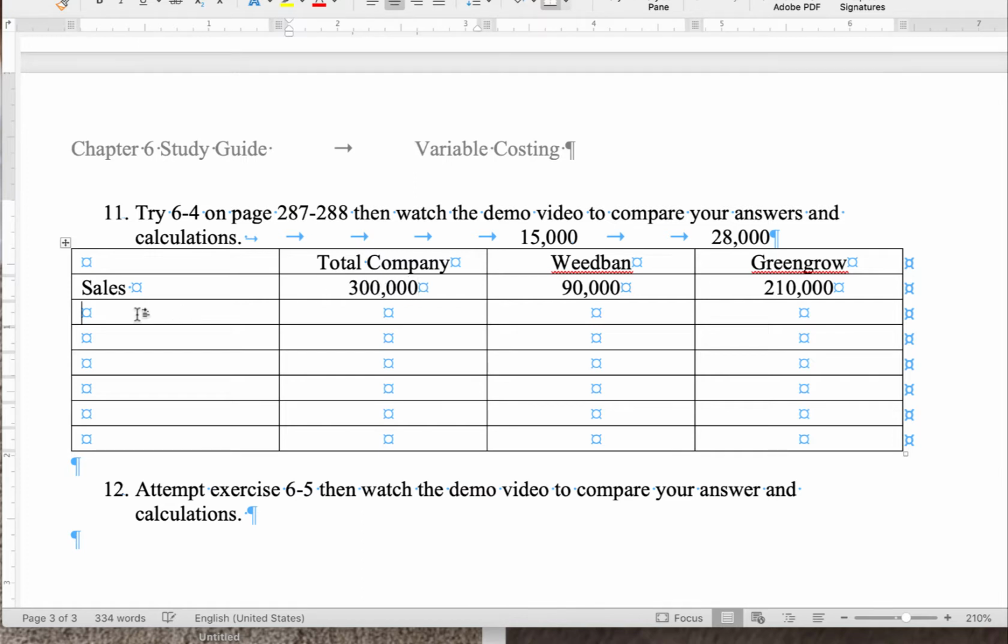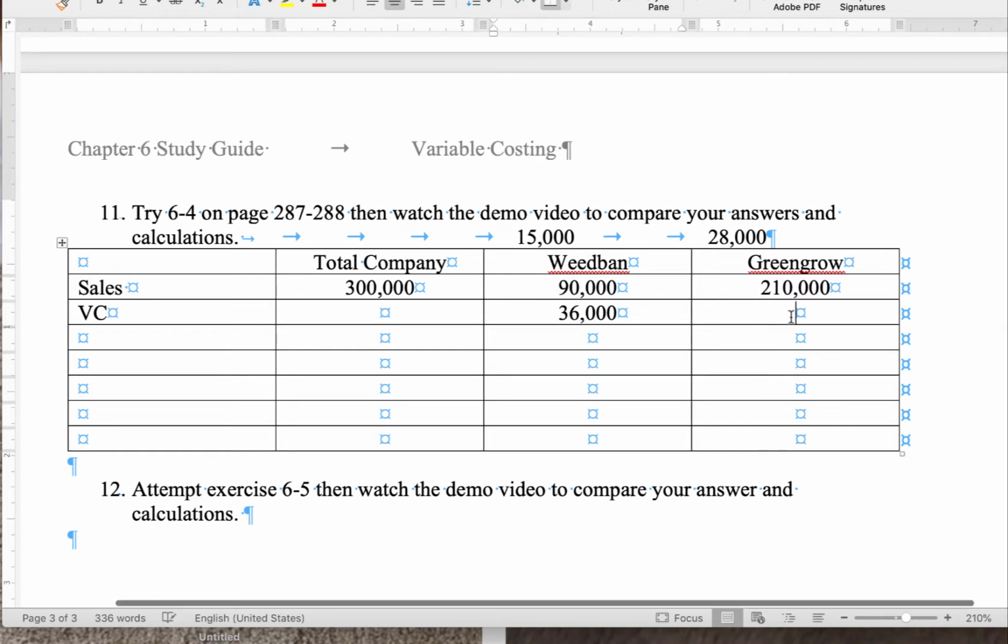Next, I'm going to subtract out my variable costs. Now, luckily, in this problem, we don't need to segregate between cost of goods sold, variable selling, variable administrative. They tell us that your total variable expenses per unit are $2.40 for Weed Ban. So I'm going to do the same thing: 15,000 times my $2.40. I end up with $36,000.